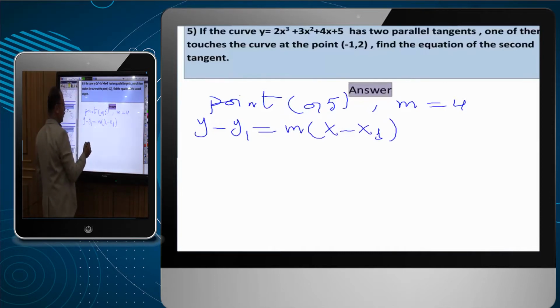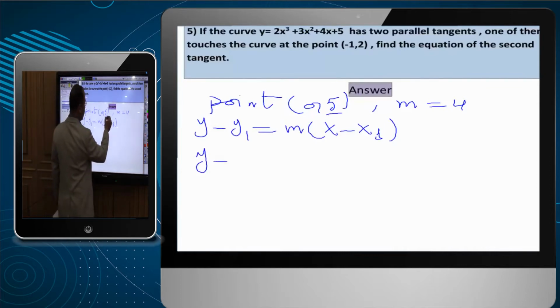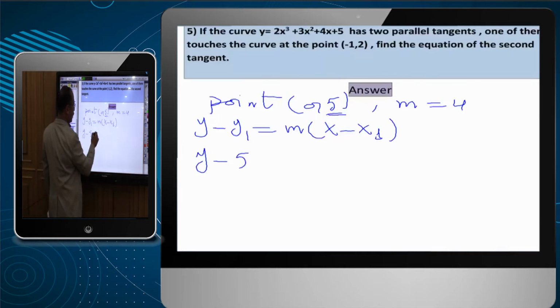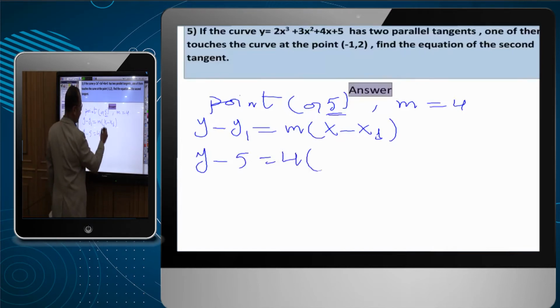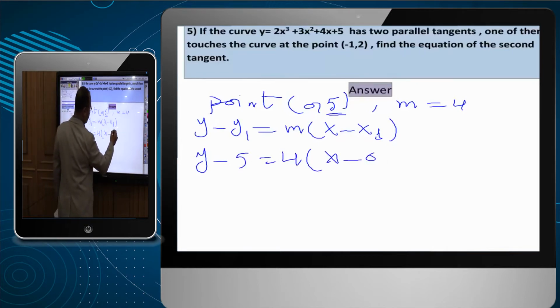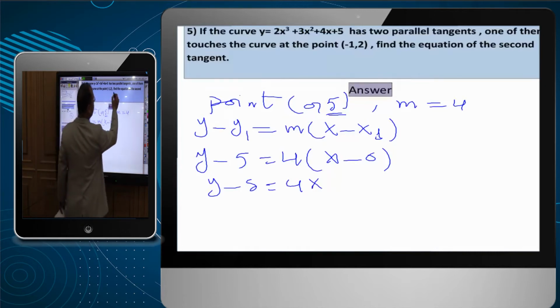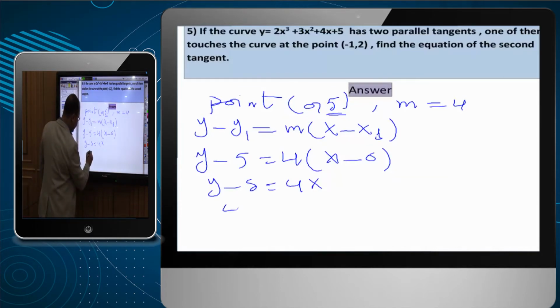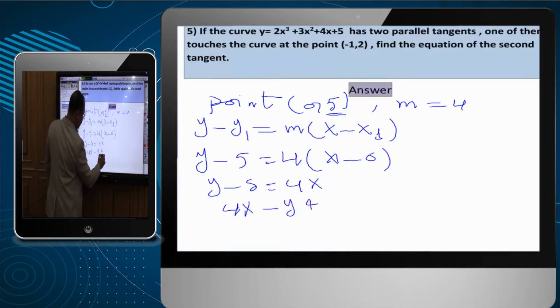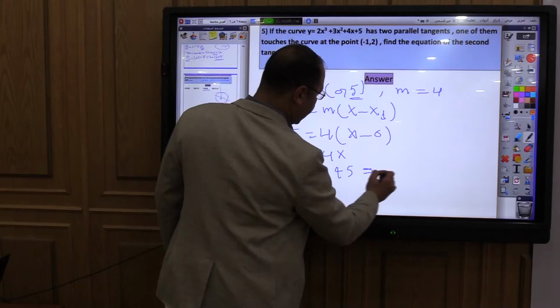Here y1 is 5. So y minus 5 equals 4x minus 0, y minus 5 equals 4x. Then the required equation is 4x minus y plus 5 equals 0.